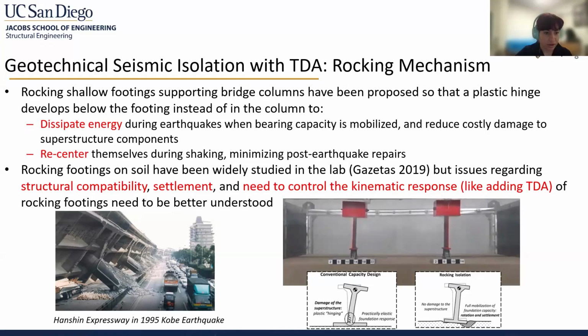Additionally, there will be recentering during shaking, which will minimize post-earthquake repairs. Rocking footings on soil have been widely studied within various labs, including those at UC San Diego, but issues regarding structural compatibility, settlement, and a need to control kinematic response of rocking footings still need to be better understood.